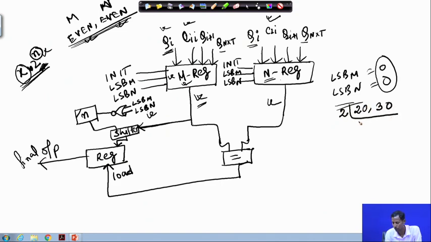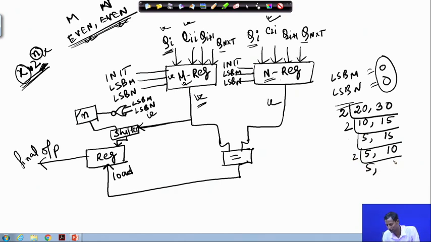Here it was 10 and 15, then 5 and 15, then 5 and 10, then again in the next step it was 5 and 5.